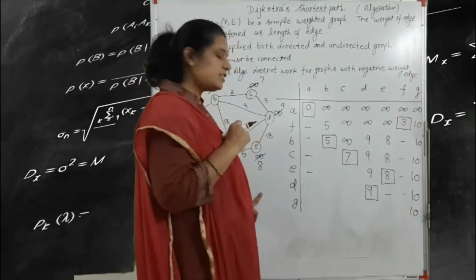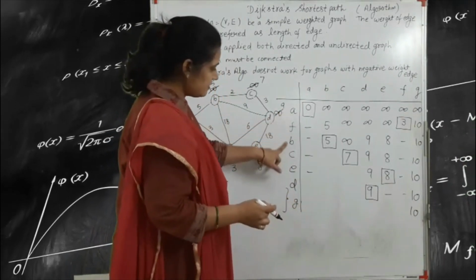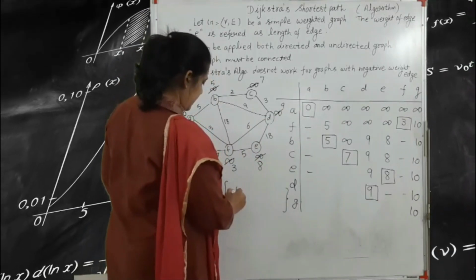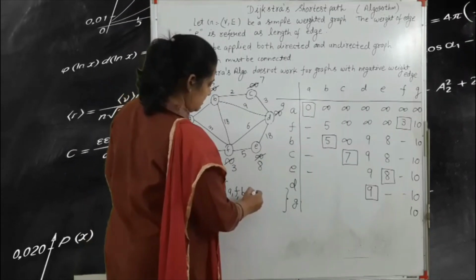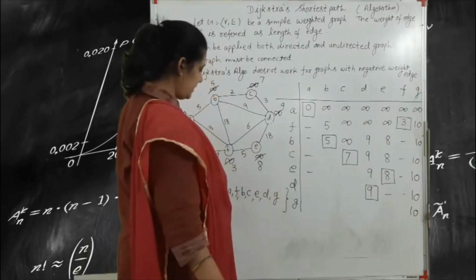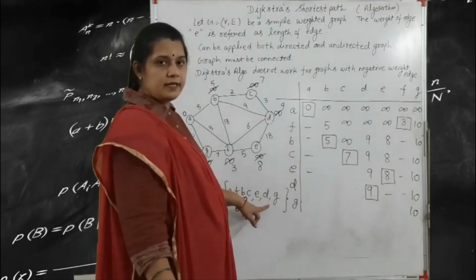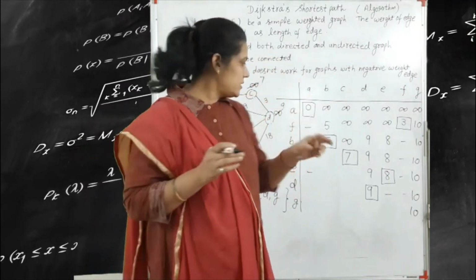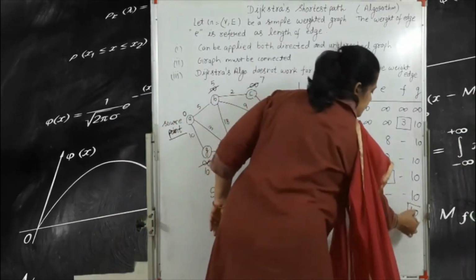Okay, so according to our set, we write here this vertex order: A, F, B, C, E, D, and G. And according to each vertex, you write here its final value. The last one is the 10.